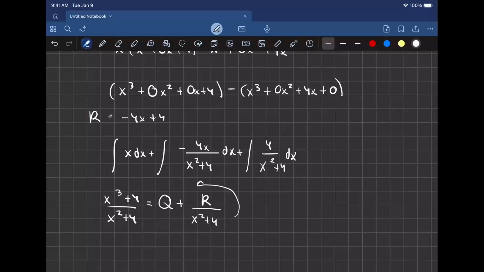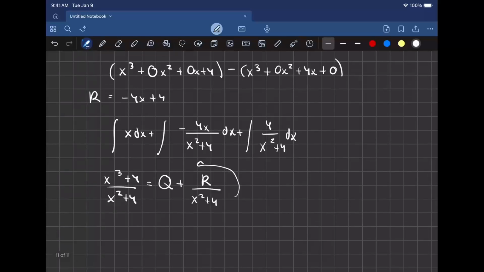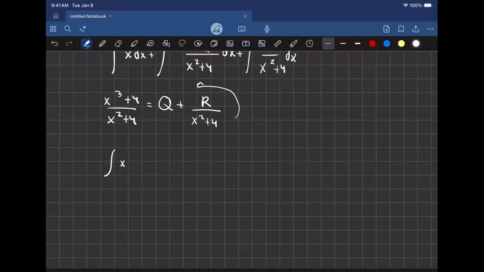Now that we're looking at just these terms, these are not too difficult to integrate. So let's just look at the first one. The integral of x dx is just going to be x squared over 2 plus c. Easy.